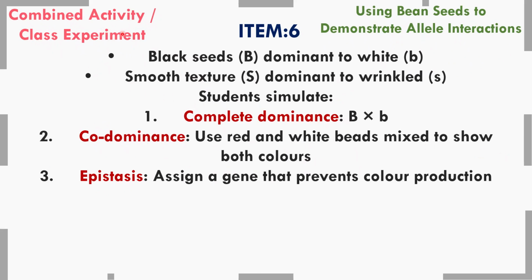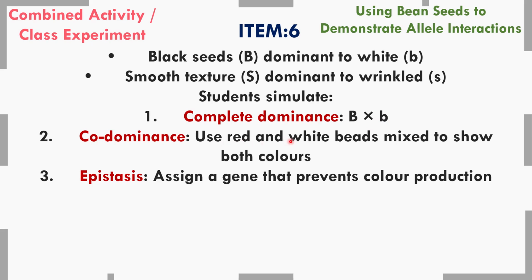Combined activity class experiment. We are going to use bean seeds to demonstrate allele interactions. Black seeds, capital B, are dominant to white, small b. Smooth texture, capital S, is dominant to wrinkled, small s. Students simulate complete dominance, capital B crossed with small b.